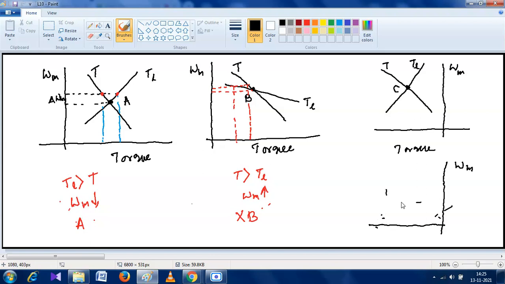Stable. Why? Sir, here also TL is greater than T.